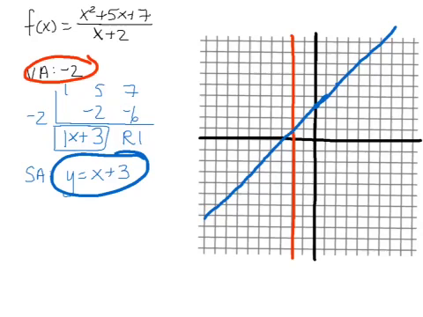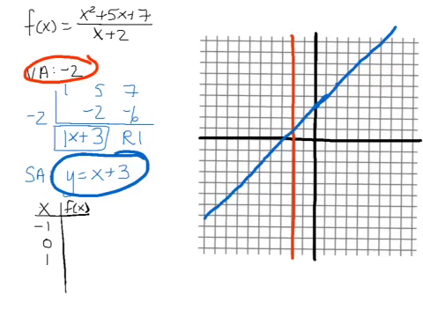Perfect. We'll just do a chart of x and then f of x. If we pick -1, 0, and 1, we'll get this side of the equation.